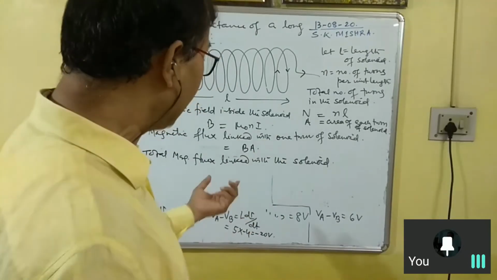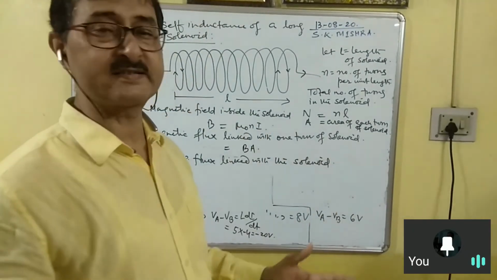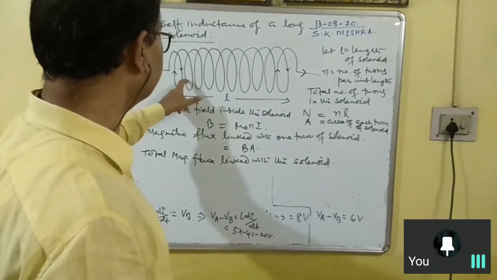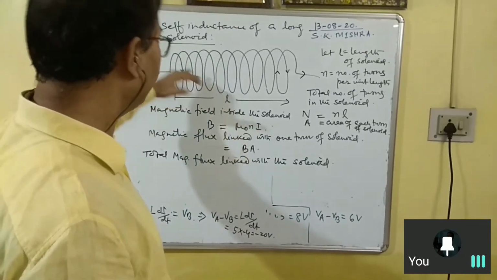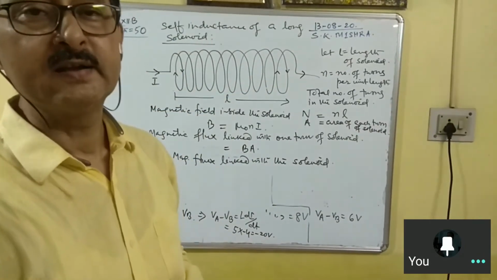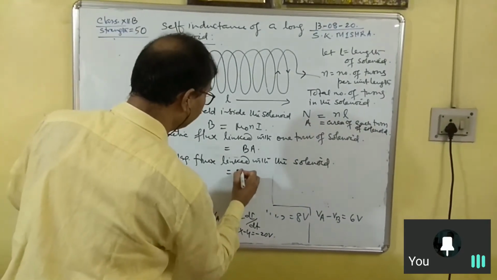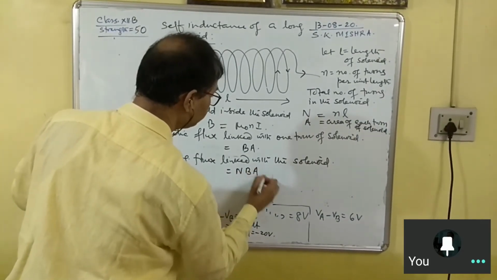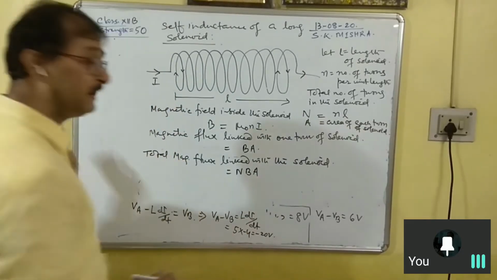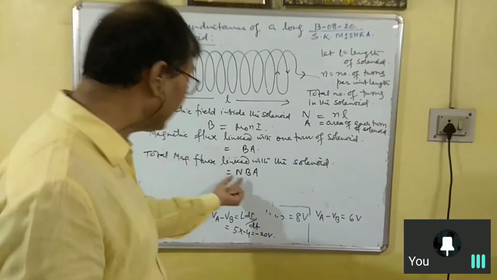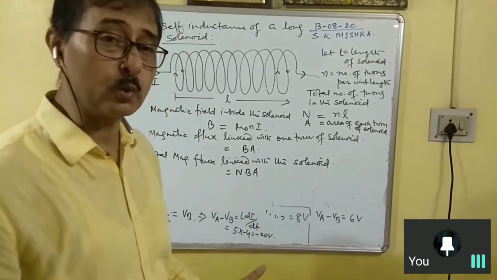So you have to add all the flux: flux through first turn, second turn, third turn, fourth turn, and all the turns are identical. So total flux is equal to capital N into B into A, because flux through one turn is B into A. Capital N is the total number of turns.